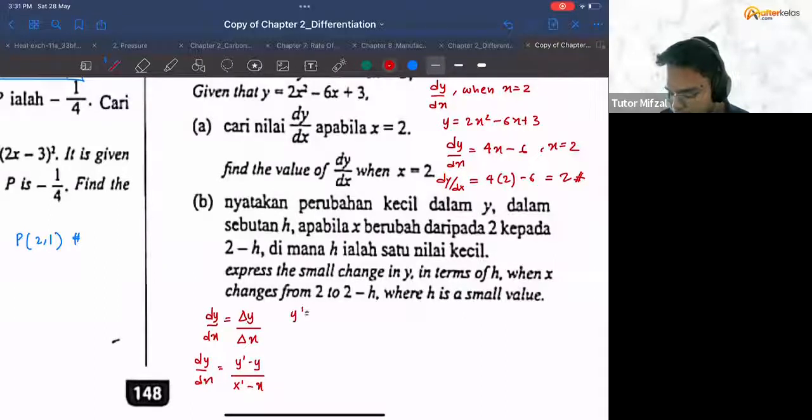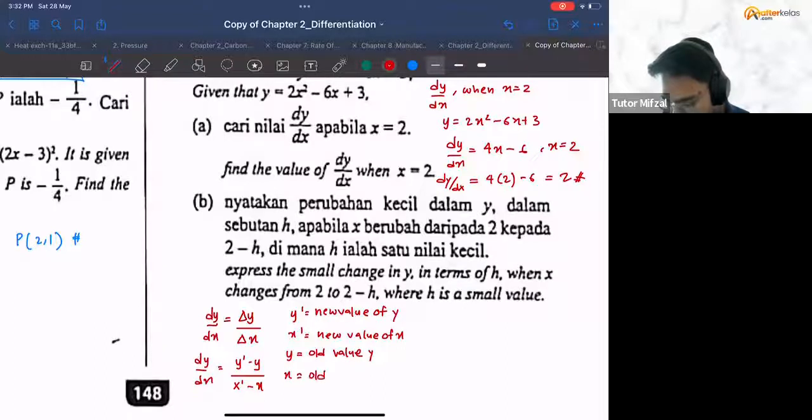Y prime is the new value of y, x prime is the new value of x, y is the old value of y, and x is the old value of x. This is how you use the formula, and dy over dx is what you get from the equation.